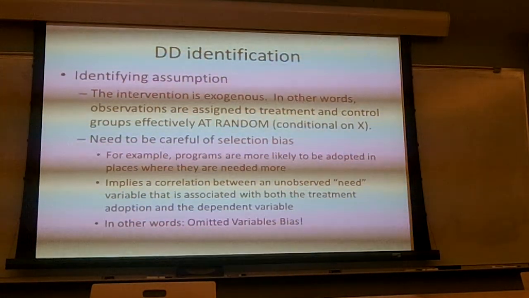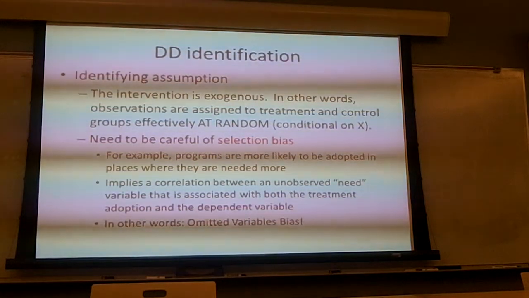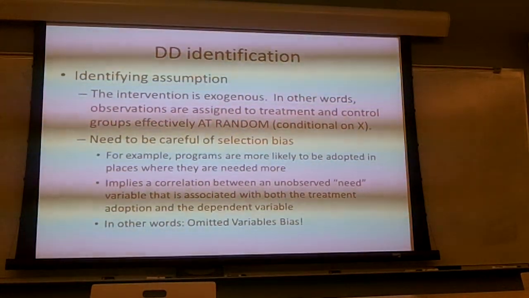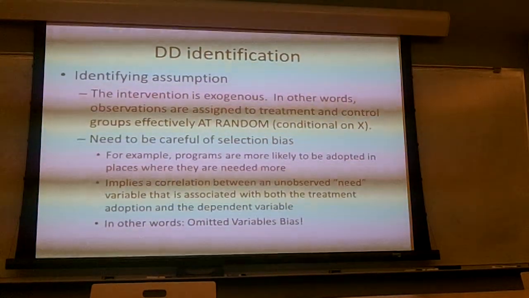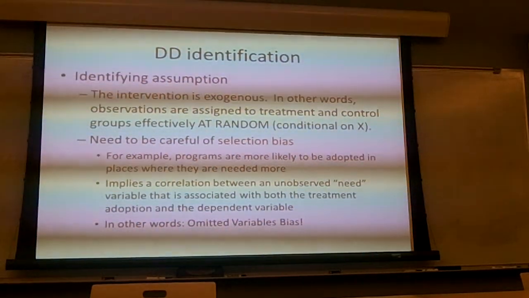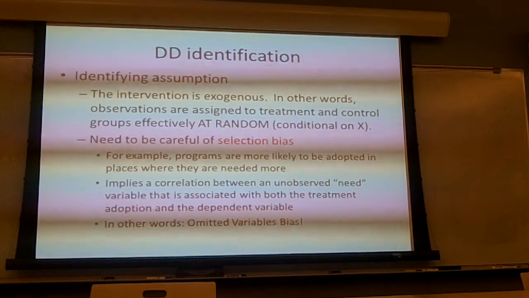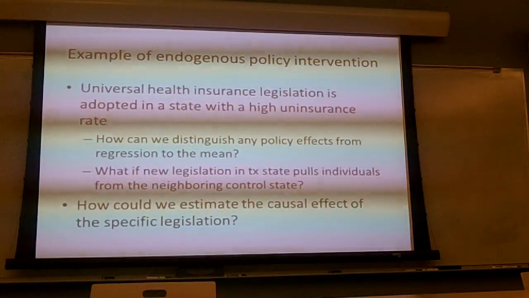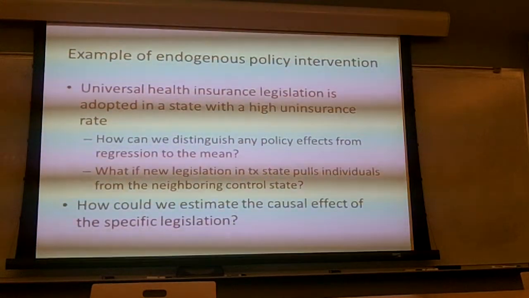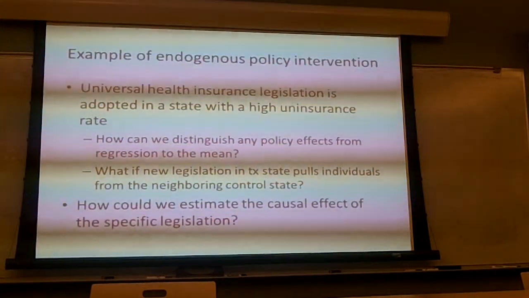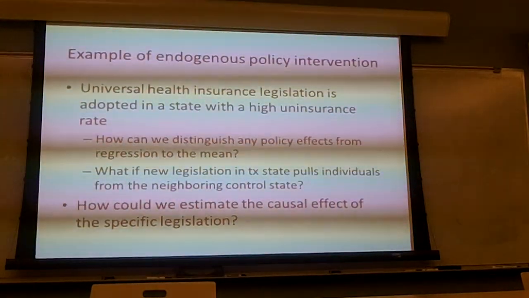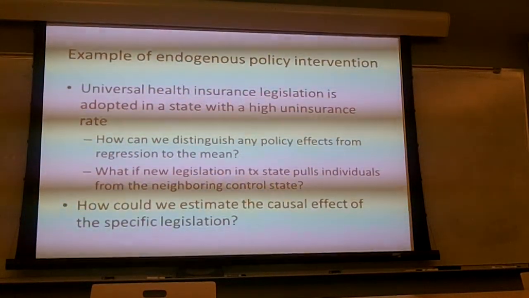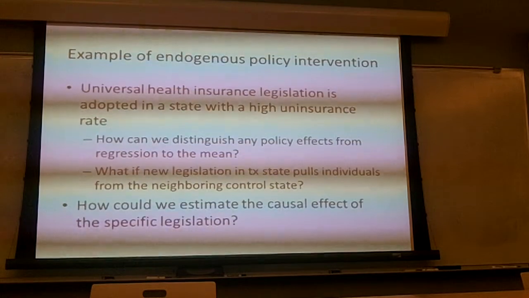In any event, regardless of what the politics are, we need to be thinking about those kinds of issues with respect to adoption of policy. We're treating them as exogenous, but there may be unobserved variables leading to omitted variables bias in our estimates of the putatively causal effect. So, for example, let's say universal health insurance legislation is adopted in a state with a high uninsurance rate.